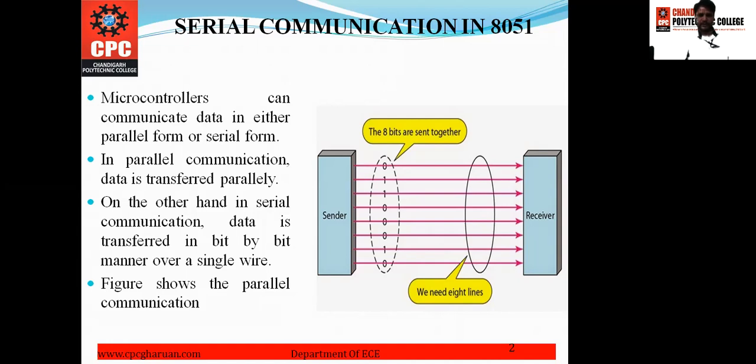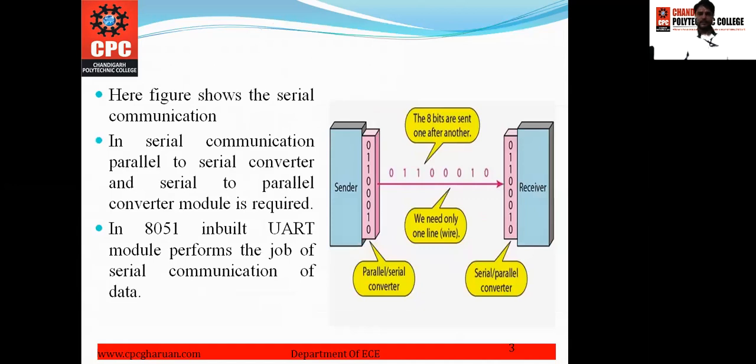For this, we need 8 lines to transmit 8-bit data, and each bit has to be transmitted individually on its own wire. In serial transmission, the data goes over a single wire, single line, or single channel.